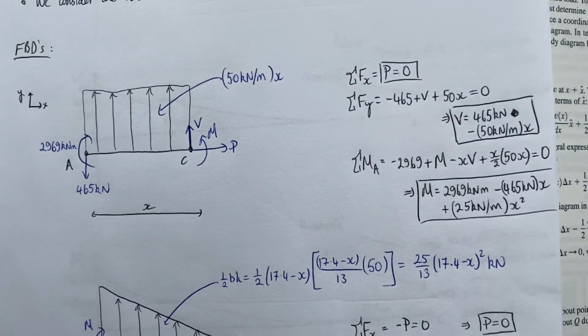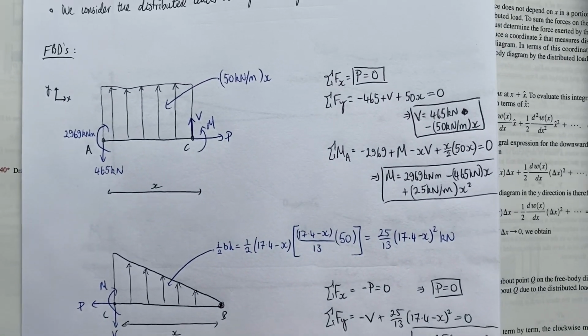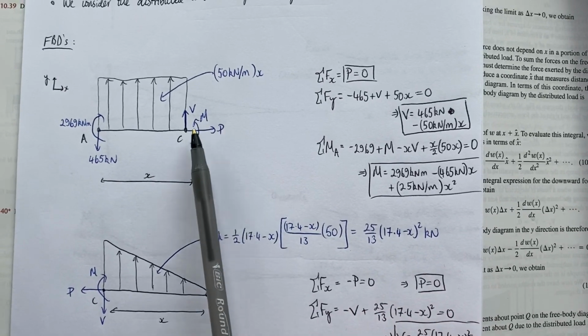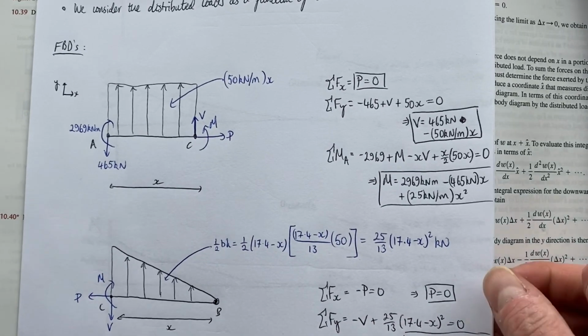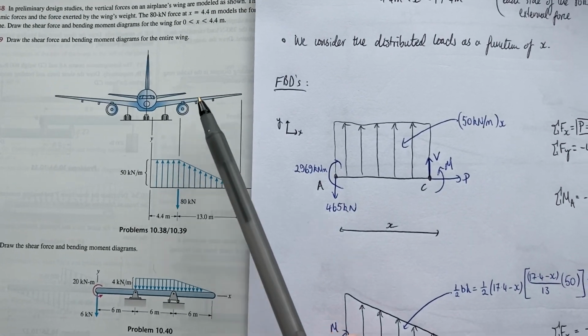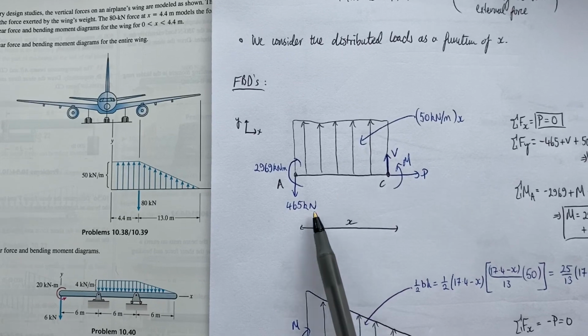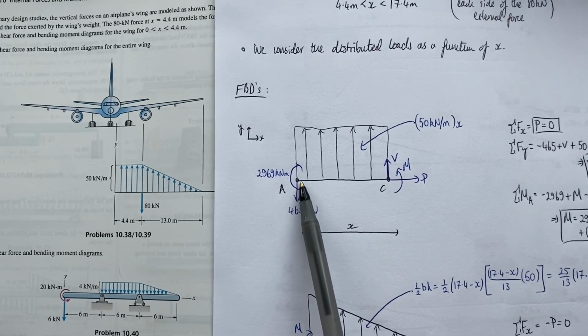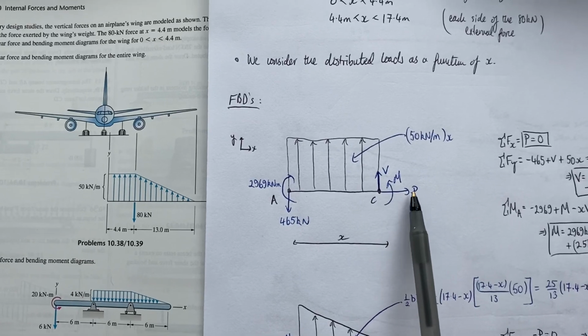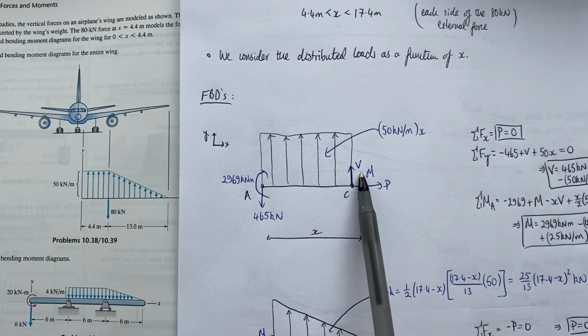So I've drawn my 2 free body diagrams. I've made 1 cut before the weight vector due to the engine, and I've called that distance x from the wing root A. And then I've drawn on my unknown axial force, shear force and bending moment.